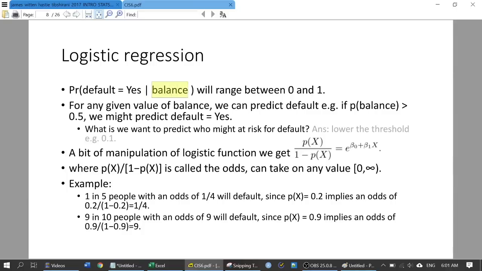If you have more than one, you can just list them down here, balance and income. So for any given value of the balance, we can predict the default: if the probability is larger than 0.5, then we might predict default equal to yes.